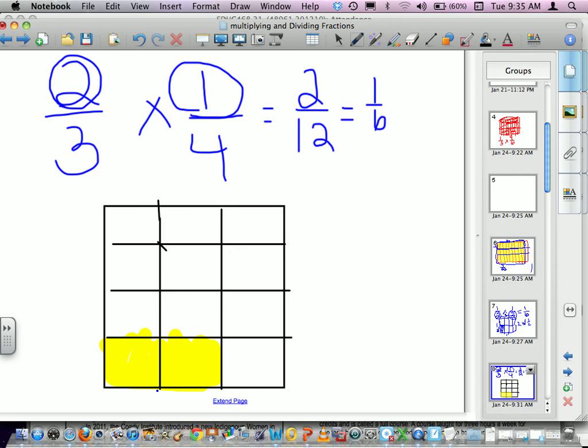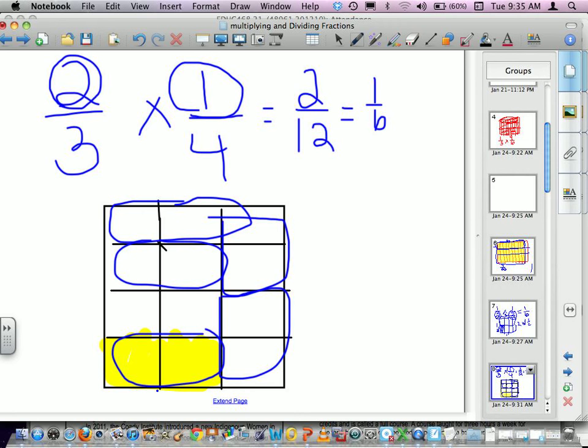Every group of 2 12ths becomes 1/6, and you can actually cluster them and see that. This is a nice way to get kids using the area models.